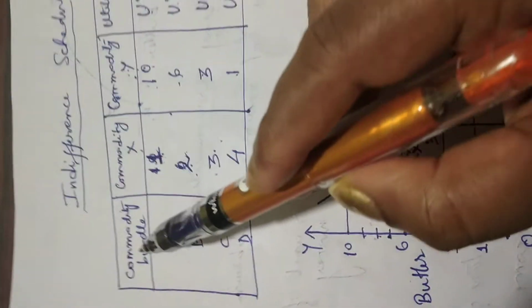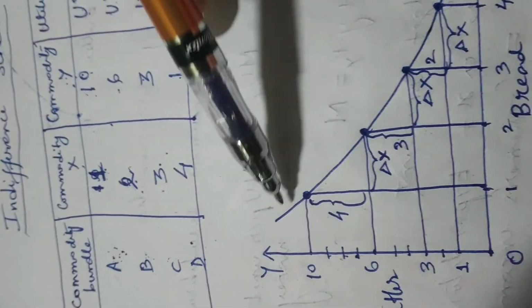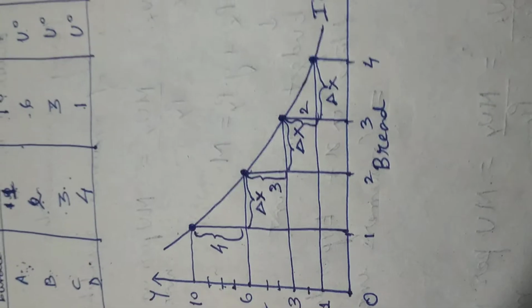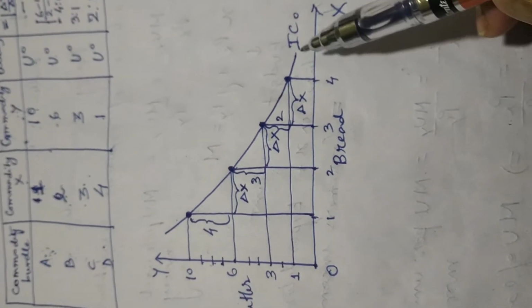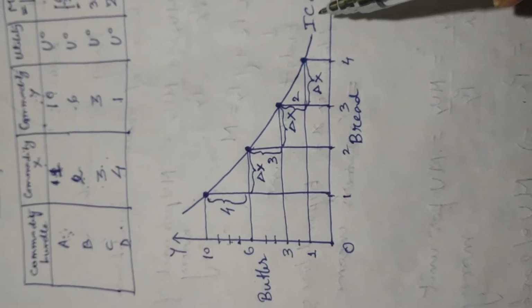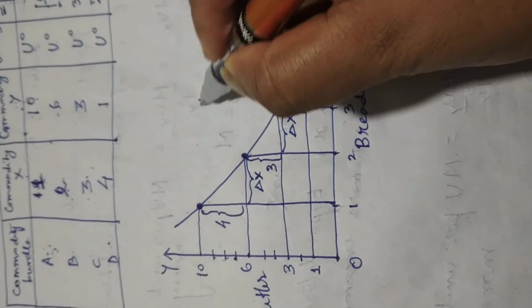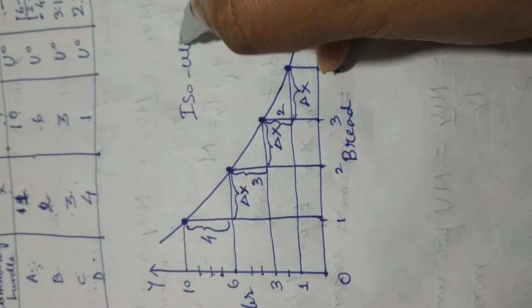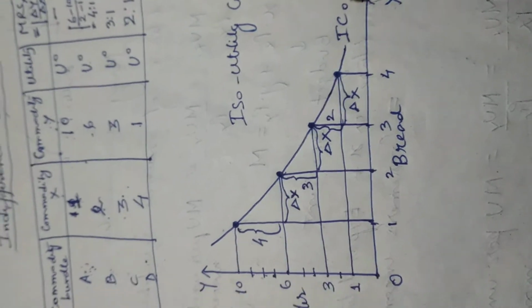Now, if I plot this table graphically, that means if I plot the points A, B, C, D, I will be getting a downward sloping, or negatively sloped, curve called the indifference curve, which is also known as the iso-utility curve. Why?